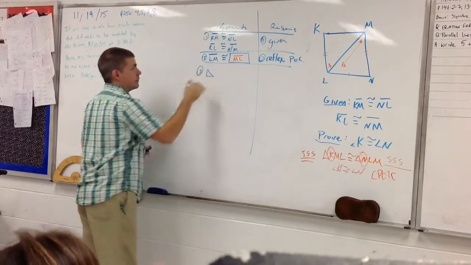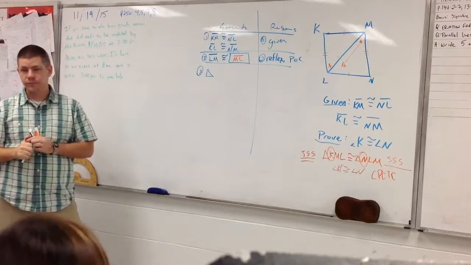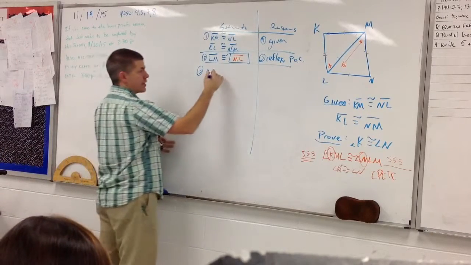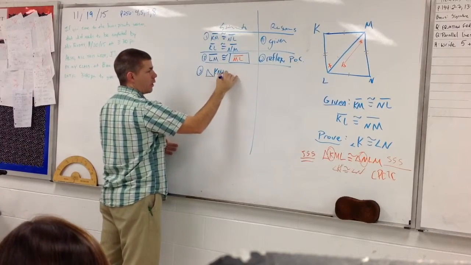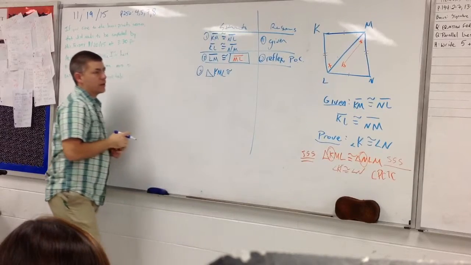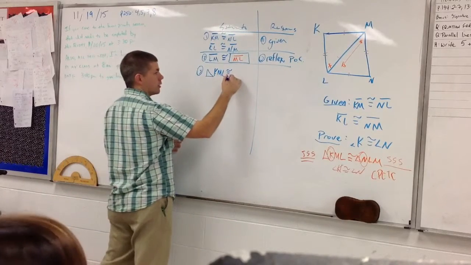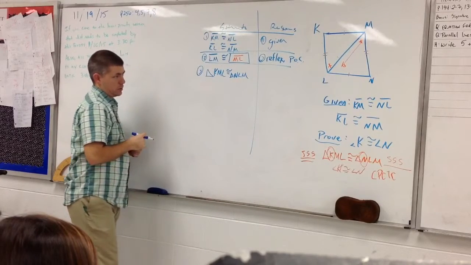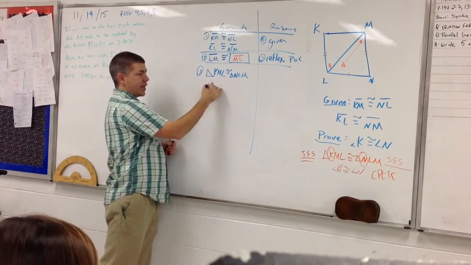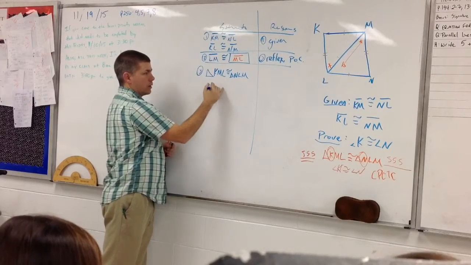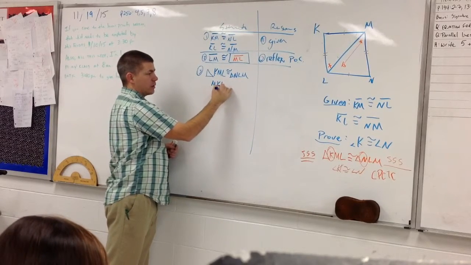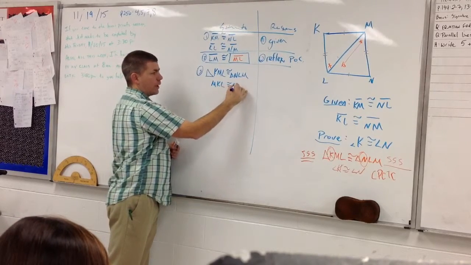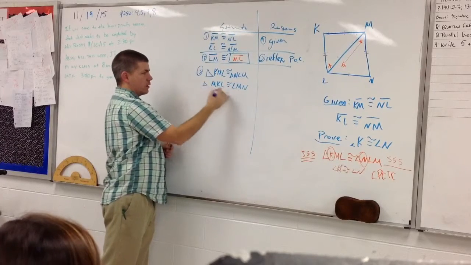Number 3, what is it? Triangle what? KML is congruent to, if I say triangle KML, what do you have to say? NLM. There you go. Triangle MKL and LNM.